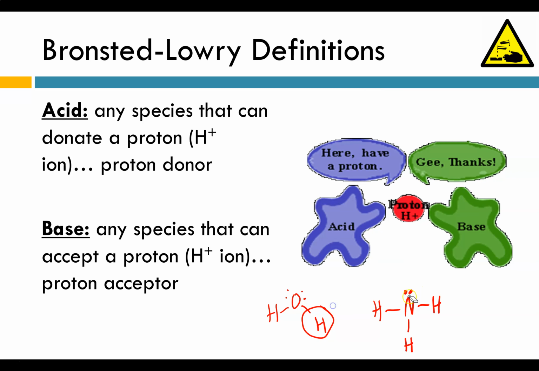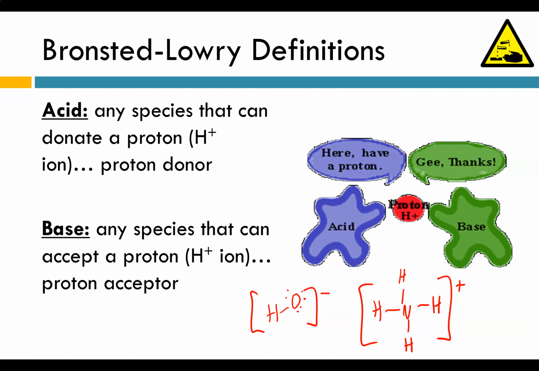As that happens, we'll end up creating NH4 with a plus charge. Oxygen's going to hold on to that pair of electrons, and it's going to have a minus charge.